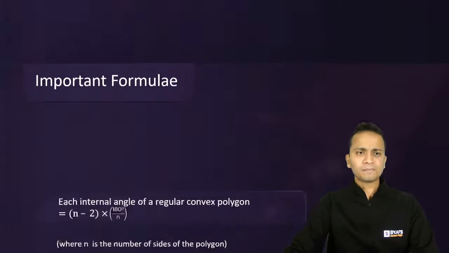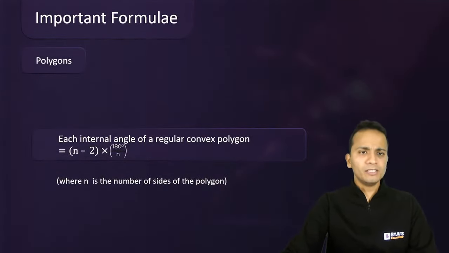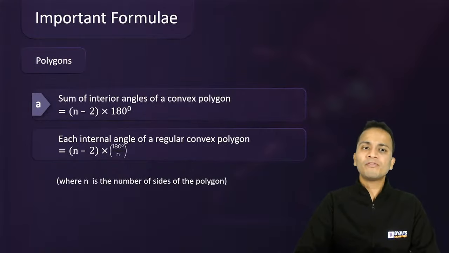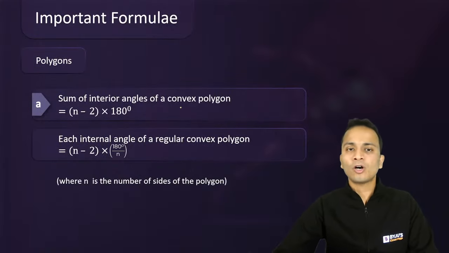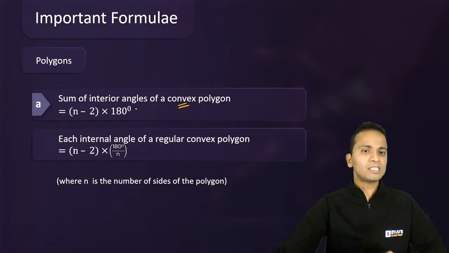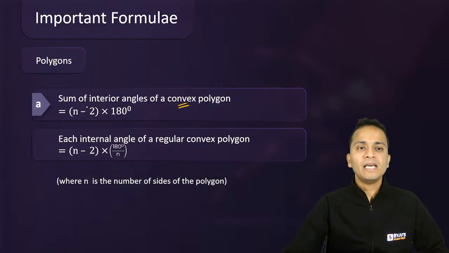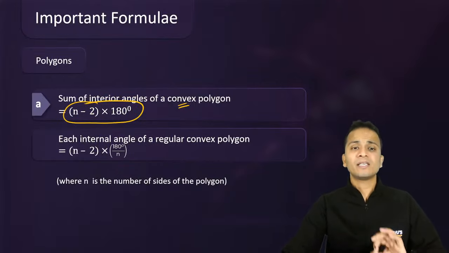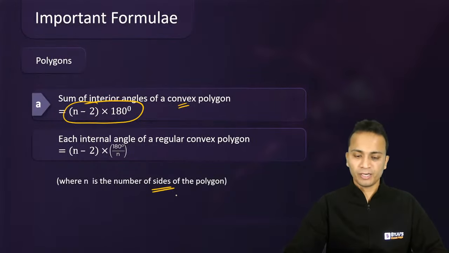चलिए आगे चलते हैं. Now talking about polygons. So sum of the interior angles of a convex polygon. So you must remember this formula. It will be n minus 2 multiplied by 180, where n is the number of sides of the polygon. All right.